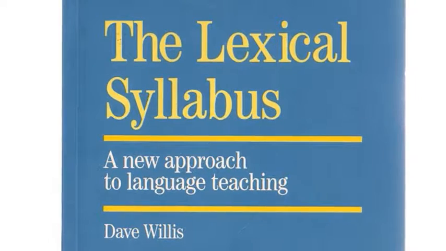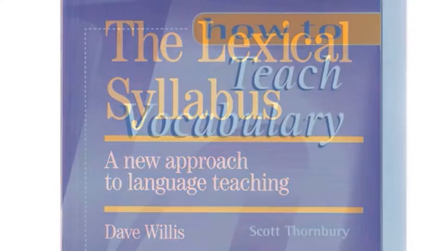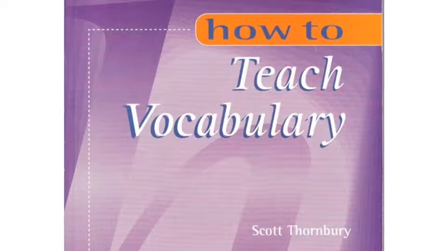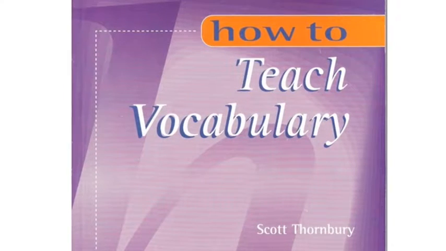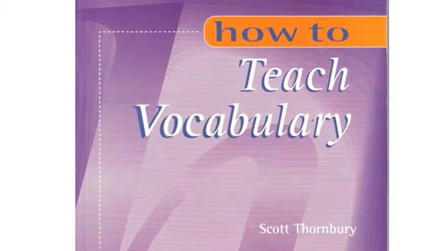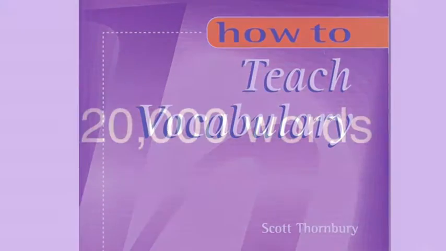Now let's jump forward to 2002 and Scott Thornbury's book, How to Teach Vocabulary. He makes many useful comments regarding word frequency, but I will highlight just three here. The first is that an educated native speaker has a vocabulary of about 20,000 words, which is way too many to learn in a classroom environment.